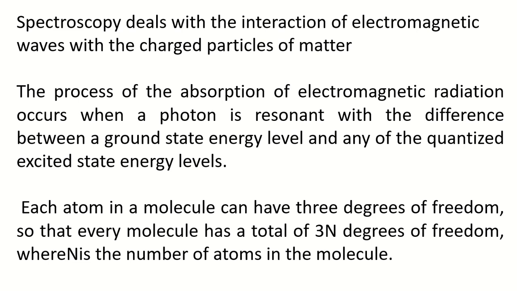That is, it has the same energy as the difference between the ground state energy level and any of the quantized excited state energy levels. That is actually the case that we have studied already in electronic transitions, which we observed by using the Bohr model of atom in our previous classes.